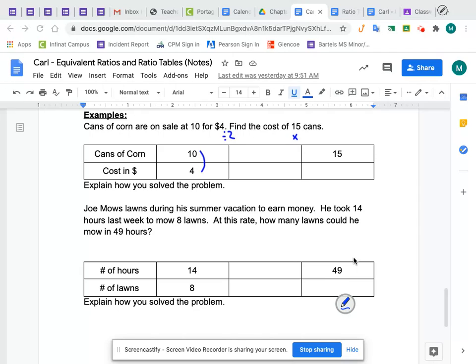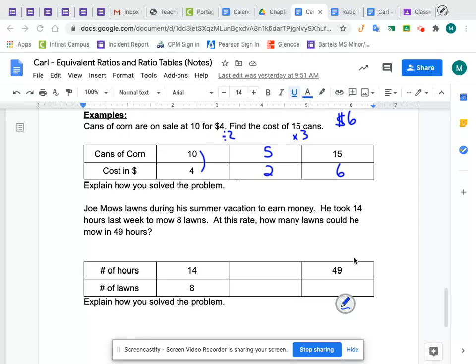So I'm going to divide by 2 because I know 2 goes into both 10 and 4, so I get 5 over 2. Then how am I going to go from 5 to 15? I'm going to times 3. And 2 times 3 would be 6. So the cost of 15 cans would be $6.